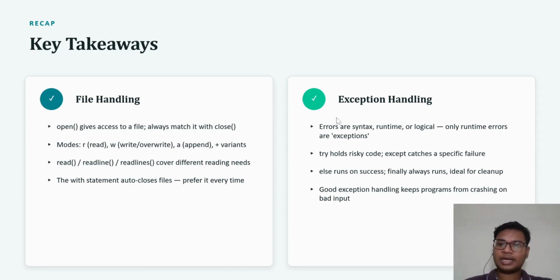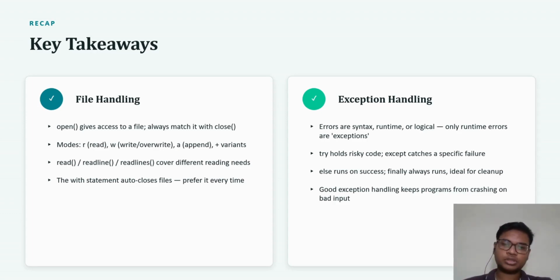And we have exception handling. Errors are syntax, runtime, or logical. Only runtime errors are exceptions. Try holds risky code, except catches a specific failure, else runs on success, and finally always runs, ideal for cleanup.